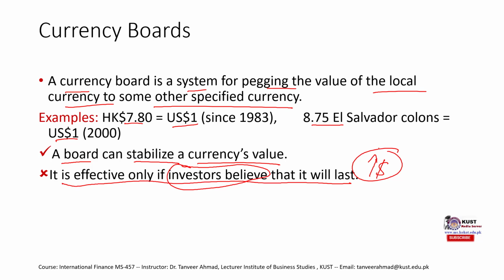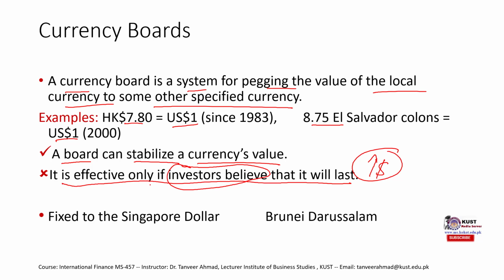And again, as we discussed in the previous slide, if this higher demand cannot be sustained by the monetary authority, then this currency board or peg would be broken. So if investors do not have confidence in the currency board, it would not be advantageous. One example is that the Brunei Darussalam's currency is fixed to the Singapore dollar.